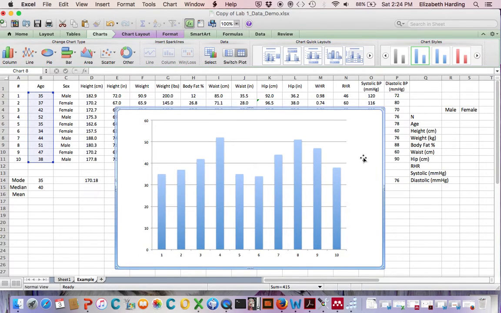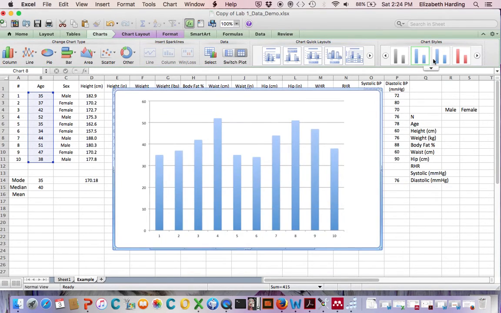Okay. And if you can see this, maybe you can't, here's our 40 years old line, and we can go ahead and count. So we have 10 subjects, so we know that 1, 2, 3, 4, 5 are older than 40, and 1, 2, 3, 4, 5 are younger than 40. Okay, so that's the median score.